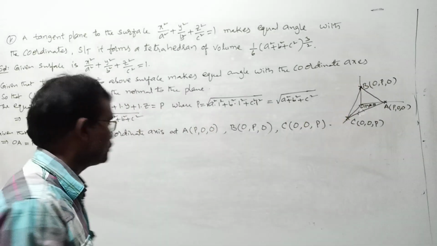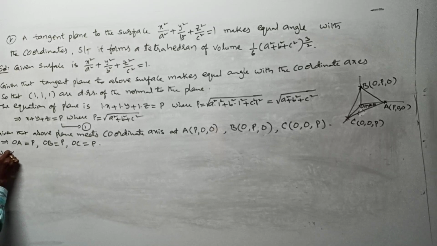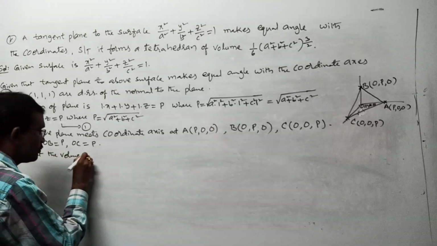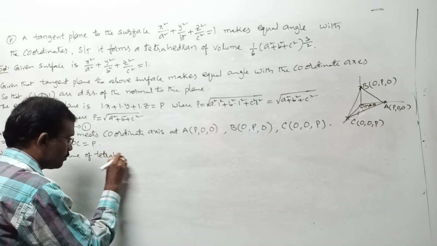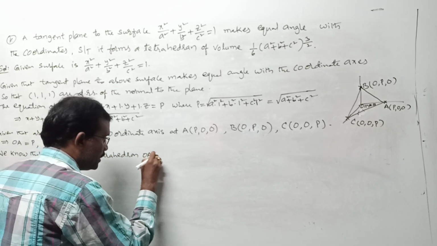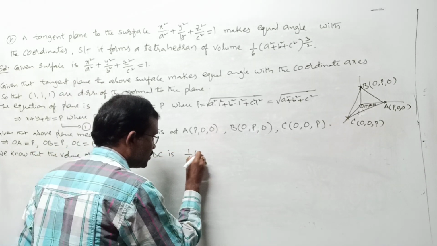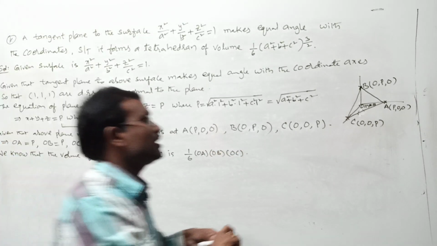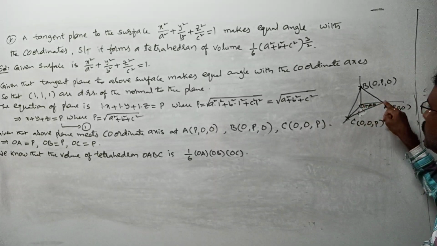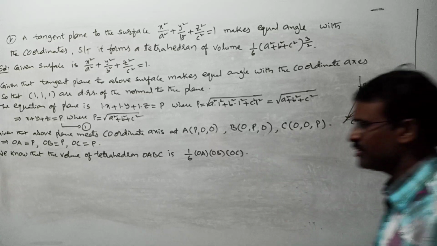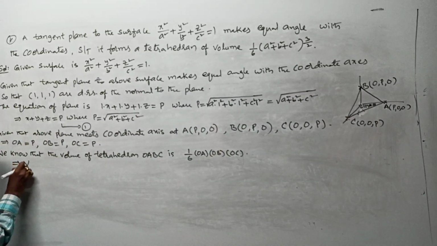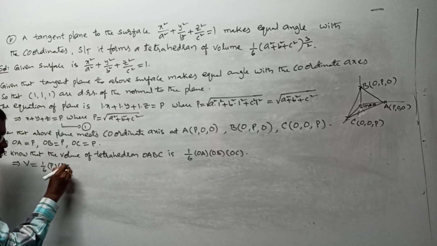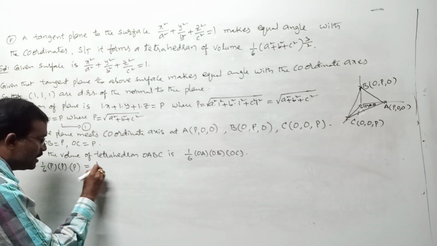We know this general formula: the volume of tetrahedron OABC is 1 by 6 into the distance from O to A, into the distance from O to B, into the distance from O to C. Generally I denote this volume with V. V is equal to 1 by 6 into OA, which is p, into OB, which is p, into OC, which is p. This is 1 by 6 into p cube.